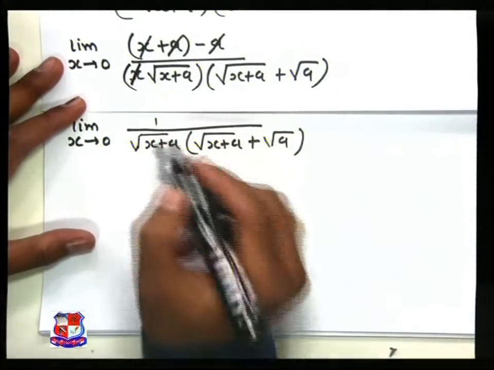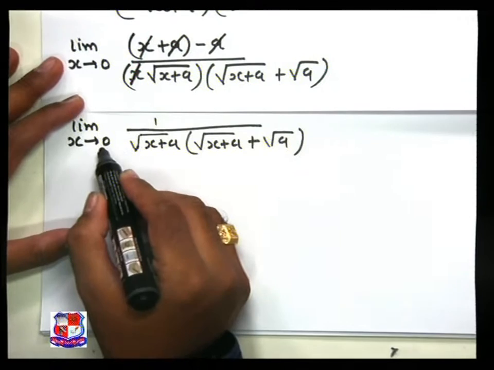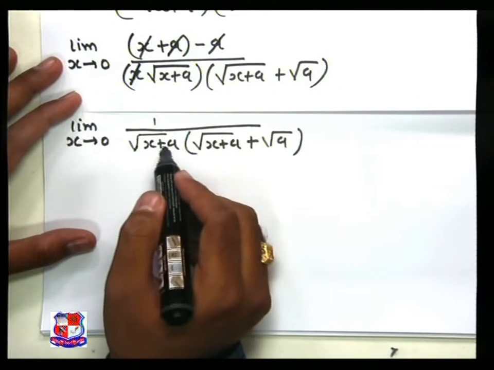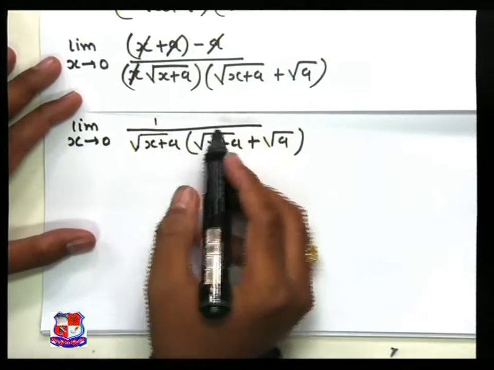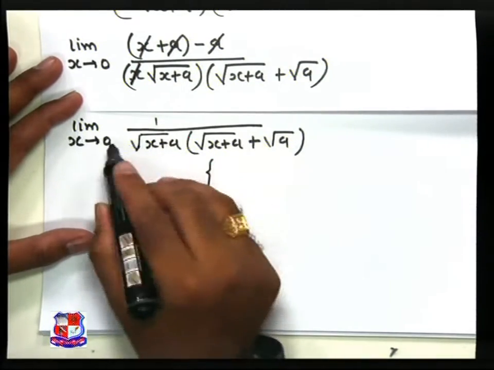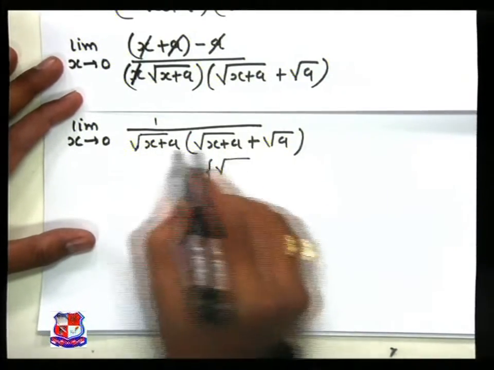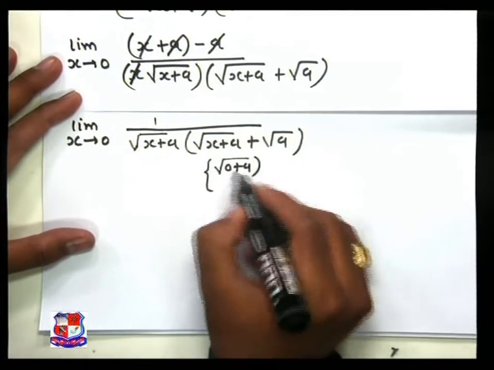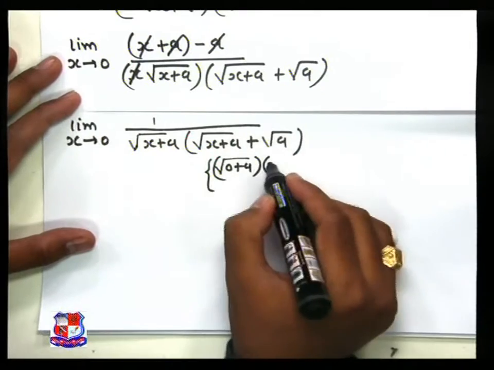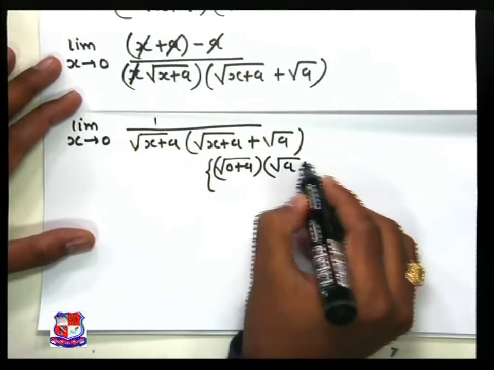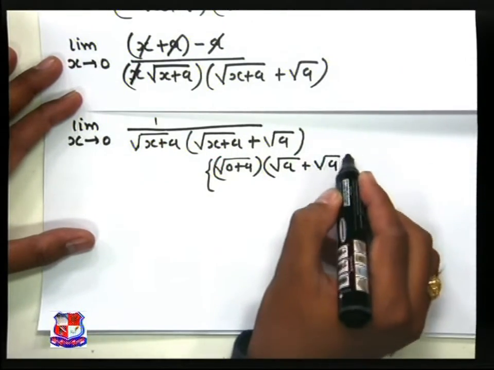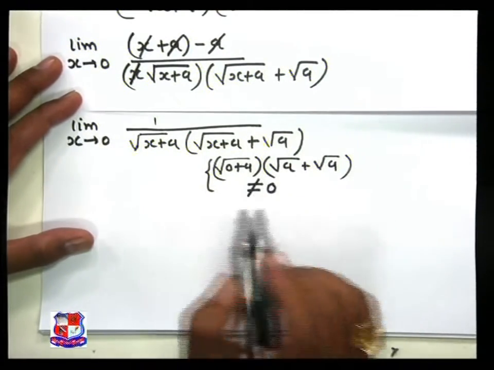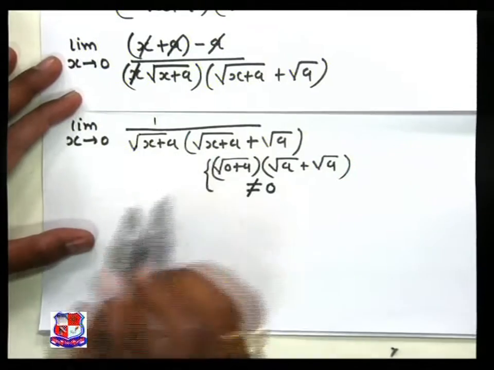Now we simplify more. Here limit x tends to 0, so first step we replace the limit by 0, so under root of 0 plus a, multiplied with under root of 0 plus a, that is a, and under root of a as it is. So we can say our denominator does not equal 0, so we can easily replace the limit here.